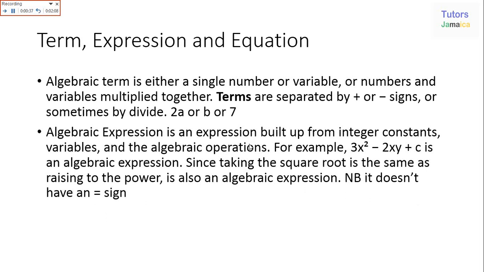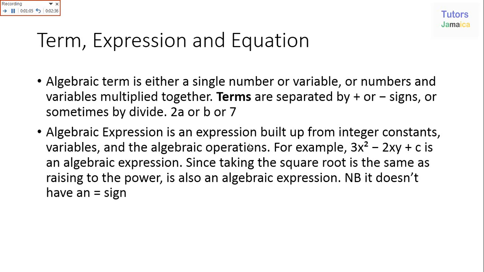The other one we have to talk about is expression. An algebraic expression is built up from integers, constants, variables, and algebraic operations. For example, 3x squared minus 2xy plus c is an algebraic expression, right?